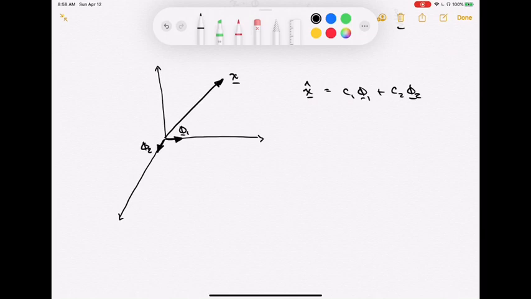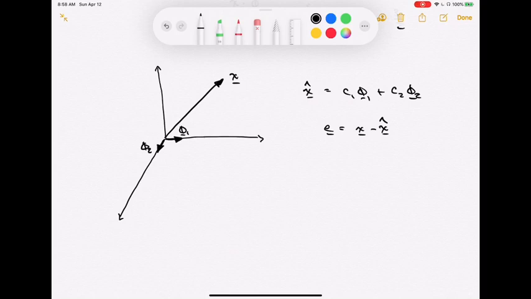Well, everything here is going to be the same. Our error is going to be equal to x minus x hat. It's just the difference between my estimate and the thing that I'm interested in. We are going to do this with a projection. We are going to project x into the phi1, phi2 plane, if you will.